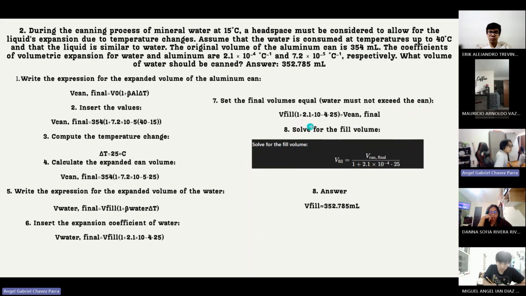Step 8: solve for the fill volume. Answer: V_fill is 352.785 ml.